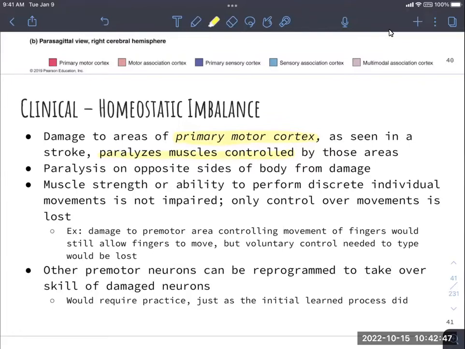And as we've mentioned, right side of the brain controls the left side of the body, the left side of the brain controls the right side of the body. The damage is going to be opposite, or the paralysis, being paralyzed, is going to be opposite the side of the brain that has the actual damage.